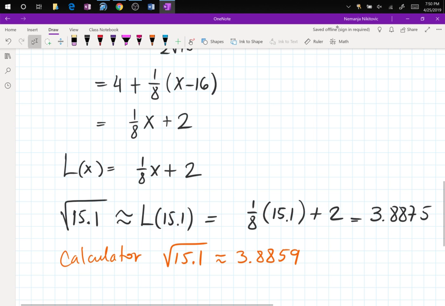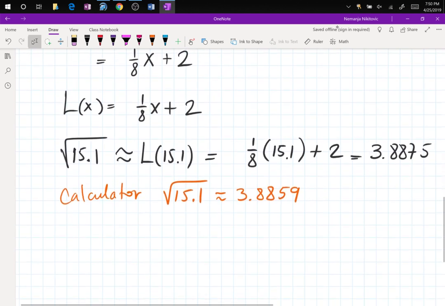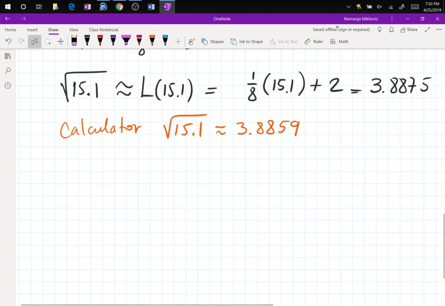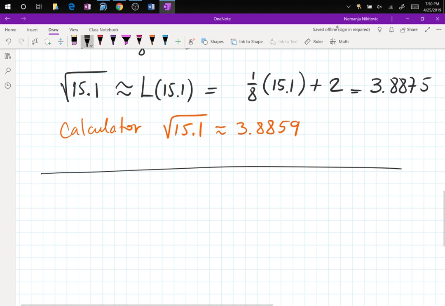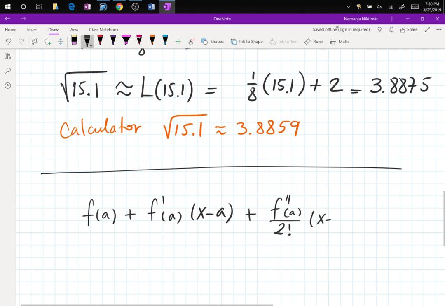So now, looking at this calculation, question is, can we do better? And the answer is yes, we can do better if we go to the higher order approximation, and that higher order approximation right now will be f of a plus f prime of a times x minus a, and then we add another term, f double prime computed at a divided by 2 factorial x minus a squared.